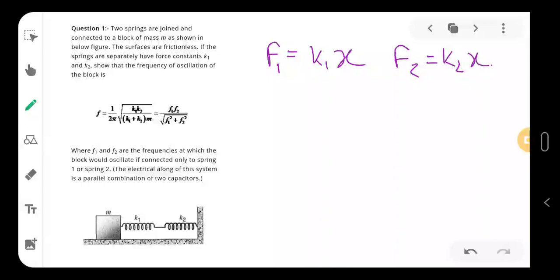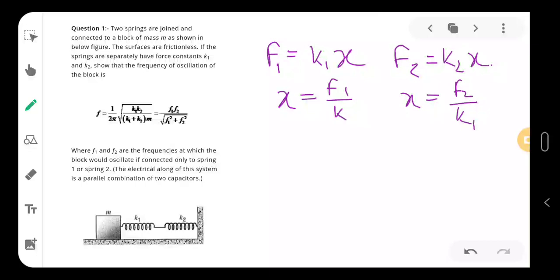Now why have I taken x in both cases? Because my block will move at once, but if I want to compare these, then I have to talk about the same displacement. Otherwise, if my displacement is different, no such comparison is possible. So this f2 is such that the displacements are the same. So I can write x equals f1 by k1, whereas my x here is equal to f2 by k2.